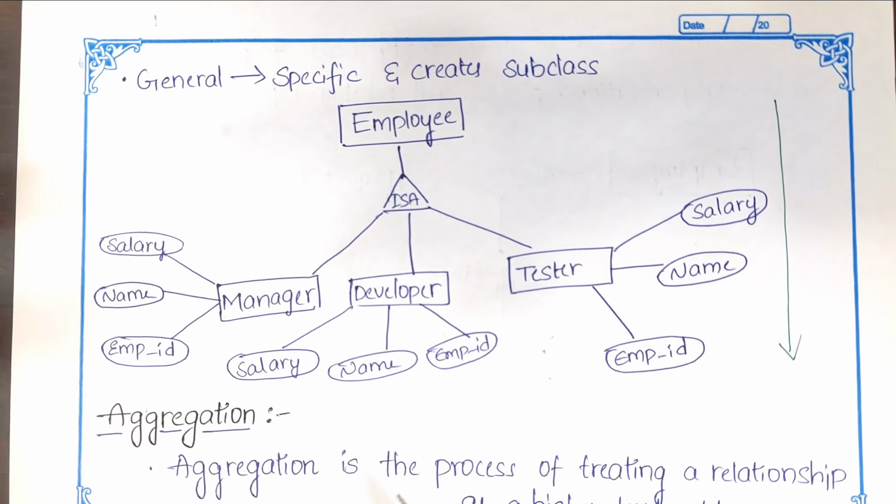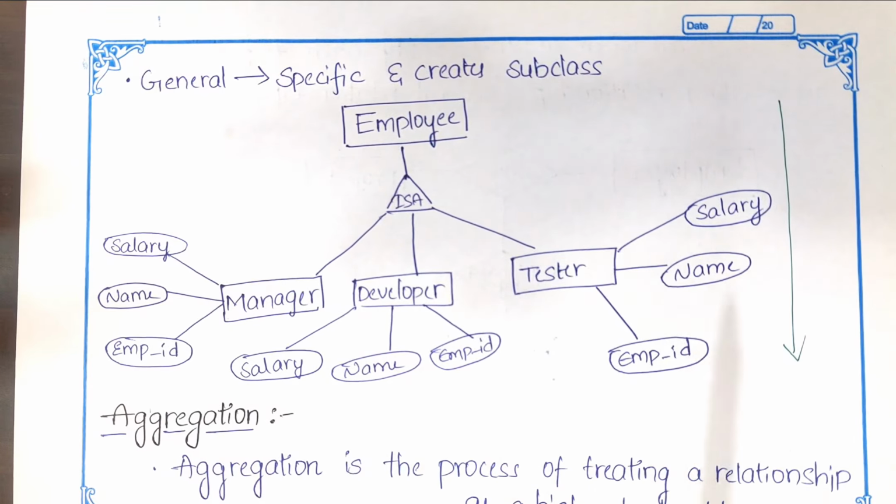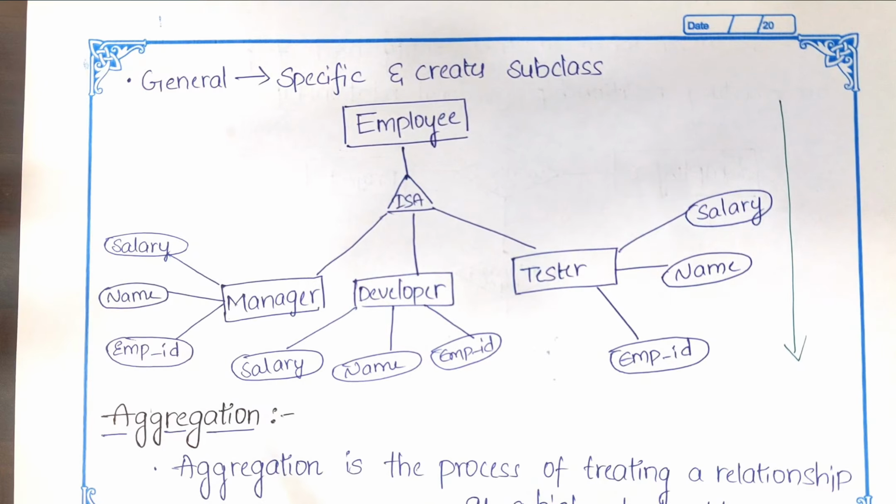Next, aggregation. In a general relationship, there are only two entities connected, right? The action performed between two entities, we consider it a relationship. In such cases, when another entity needs to be added into that specific relationship, aggregation is used. Aggregation is a process of treating a relationship as a higher level entity.